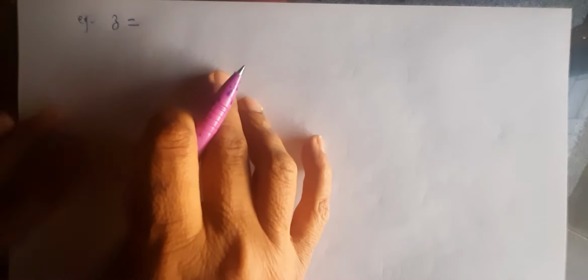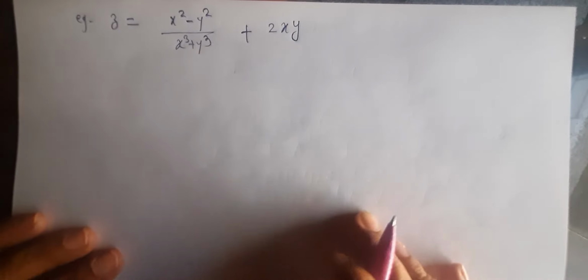Now I will give an example where we need to find the expression I gave you, but the function is not homogeneous. So if I have, say, z equal to (x square minus y square) upon (x cube plus y cube) plus 2xy.